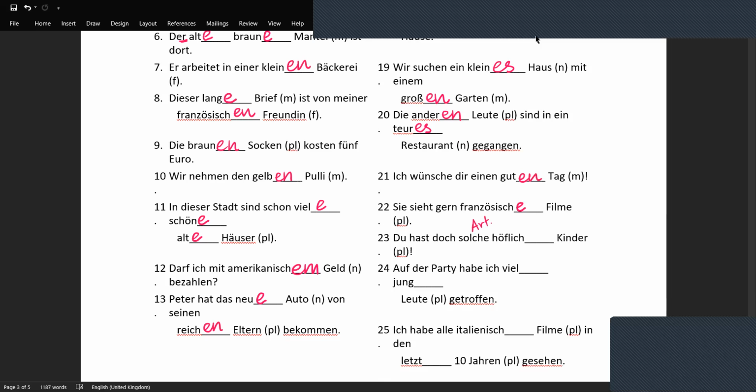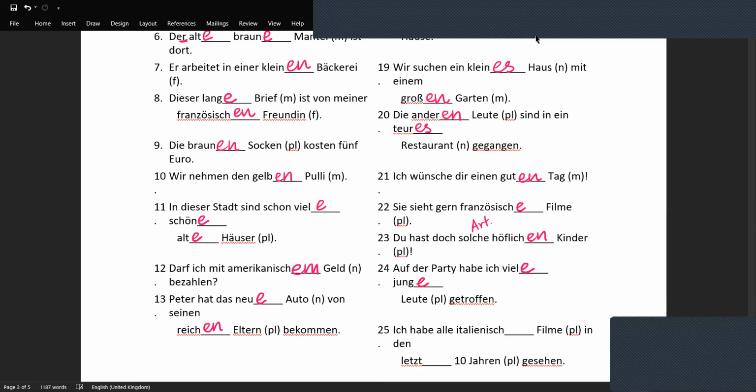Solche höflichen Kinder. Such polite children, basically. Auf der Party habe ich viele junge Leute getroffen. Correct.